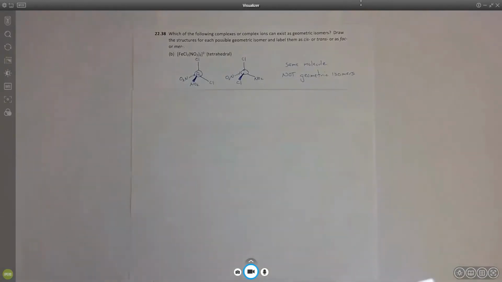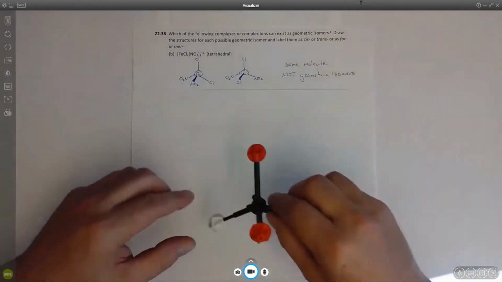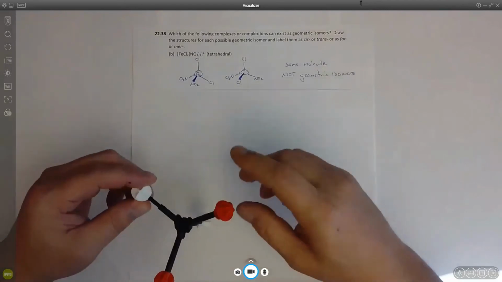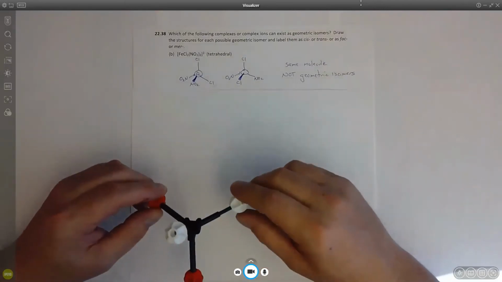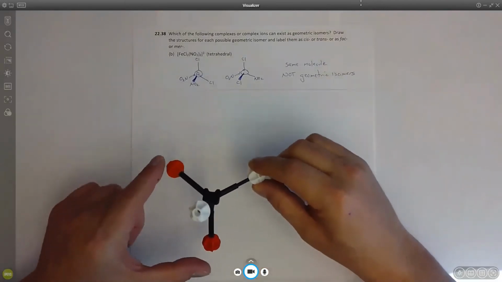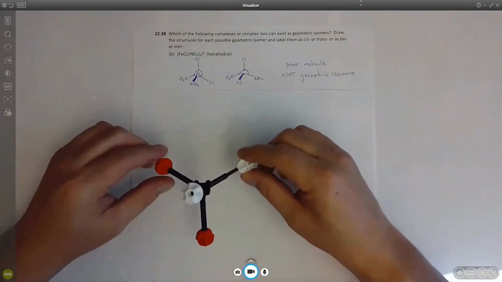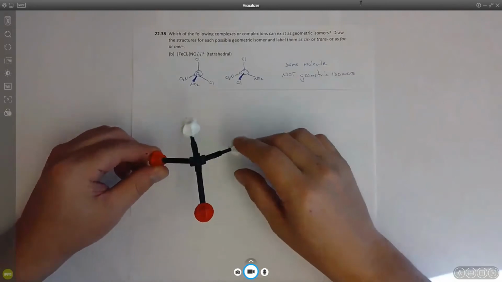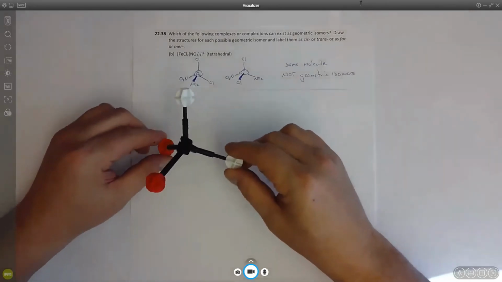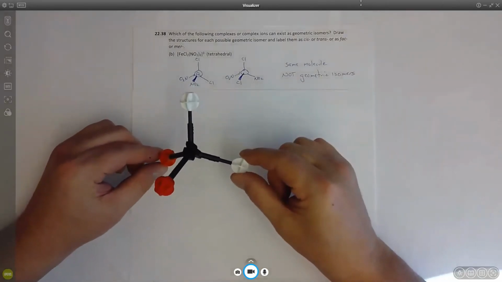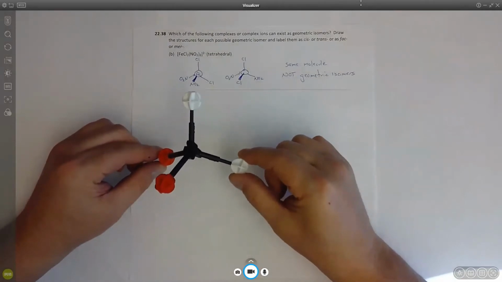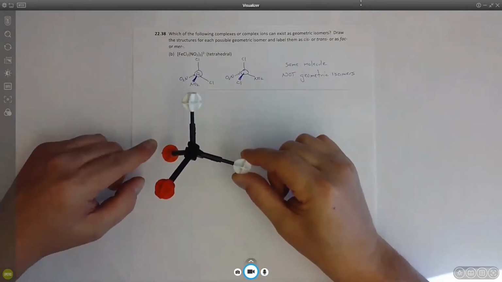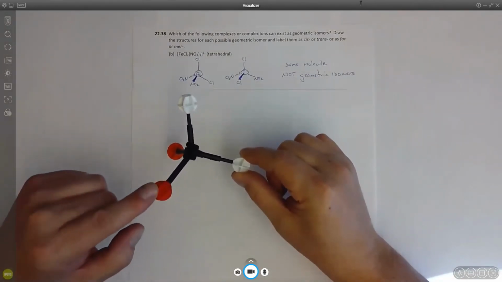Okay, let's look at these two structures here. So here I had the one. We'll consider the nitrites to be the red atoms and the chlorides to be the white. So basically what you see here is the two white are in the plane of the paper, and the two red ones, the nitrites, we have one coming out at 109.5, right?